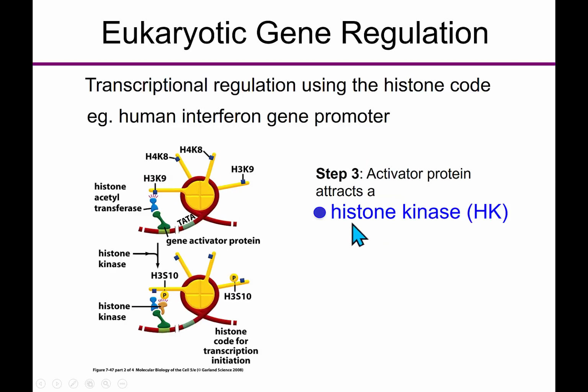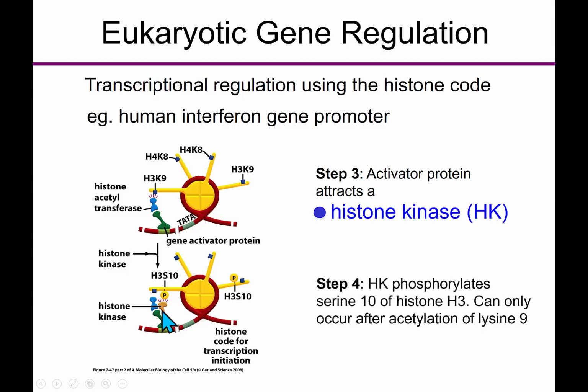In step number 3, the activator protein now attracts a histone kinase, HK. So we were at this step. Now a histone kinase comes in. So you can see the activator protein here, still bound to the histone acetyltransferase, but now also attracts this histone kinase. You can have step number 4, where the histone kinase phosphorylates serine 10 of histone H3.